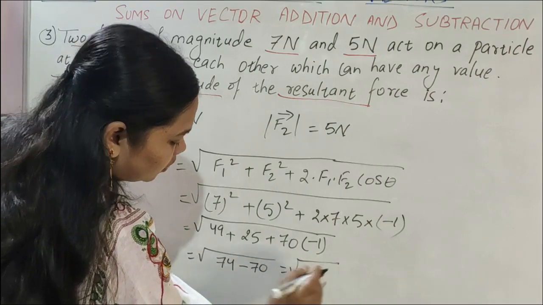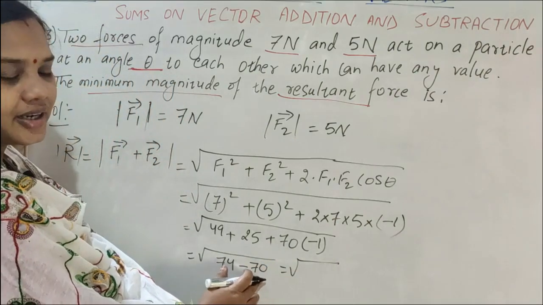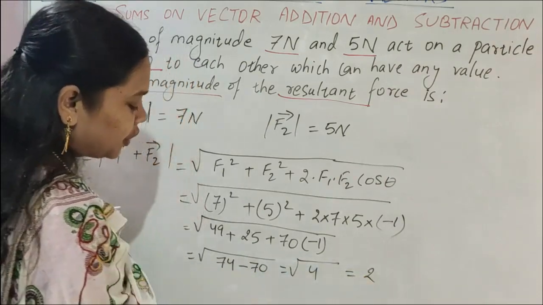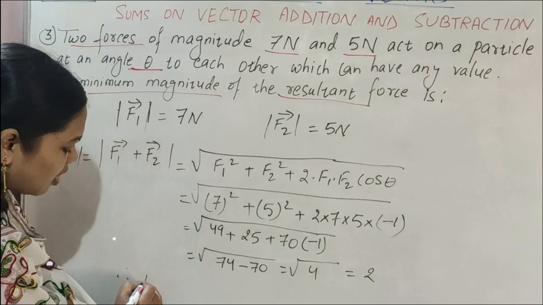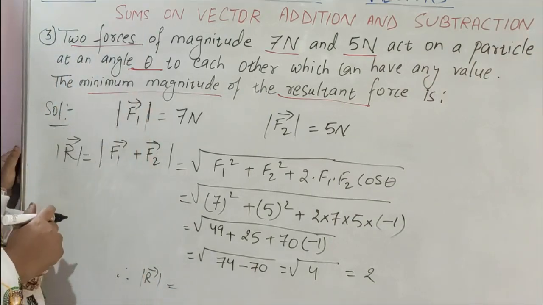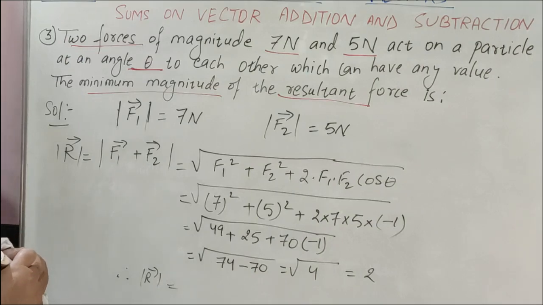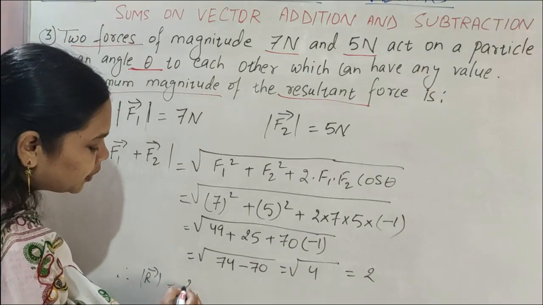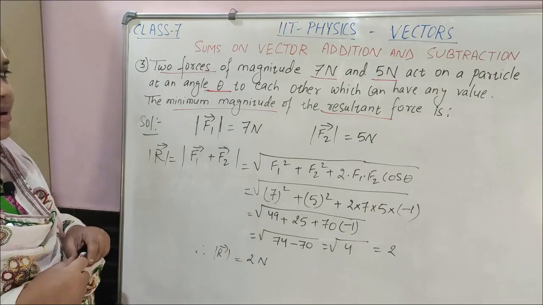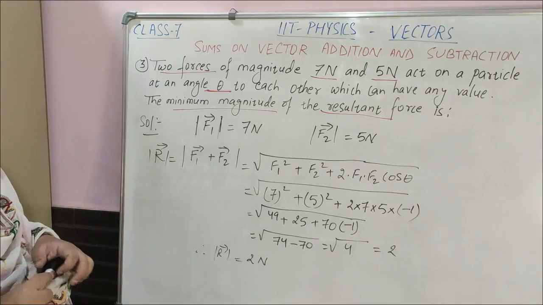So the square root of 74 minus 74, so the square root of 4, which is 2. Therefore, what is the resultant vector magnitude you got? The minimum magnitude of the resultant force is 2 Newton.